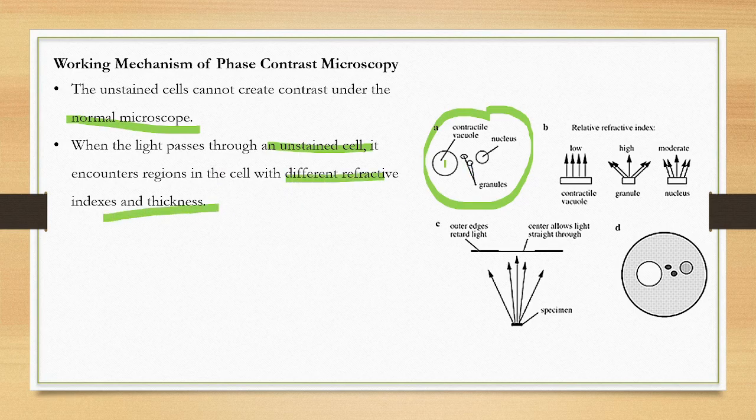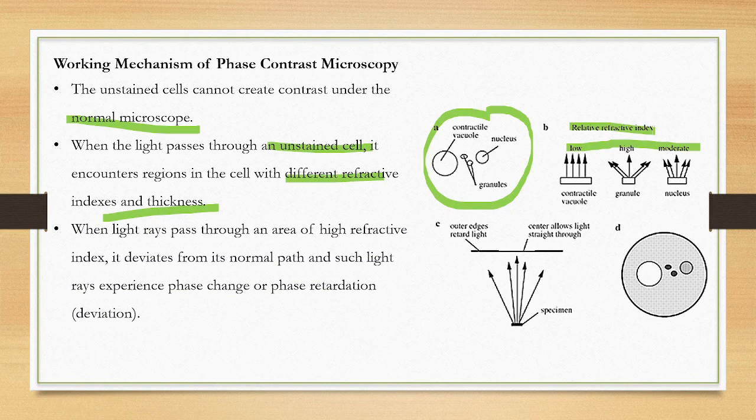Contractile vacuole, granules, and nucleus have low, high, and moderate refractive index. And what happens when the light rays pass through an area of high refractive index? This is the high, low, and moderate refractive index.